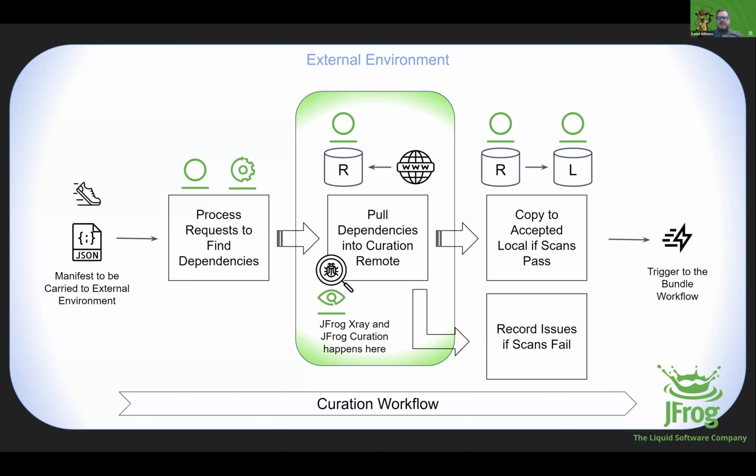Any failures would be recorded, and then we could trigger the workflow. In my example, I'm actually using cron to trigger the bundling workflow, but if you had a single nightly process, you could have that trigger the other workflow.